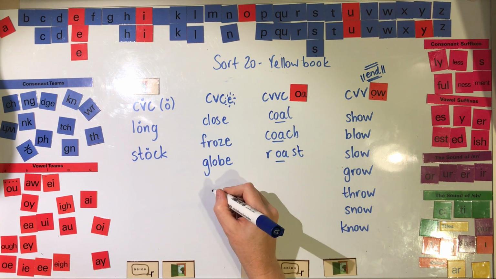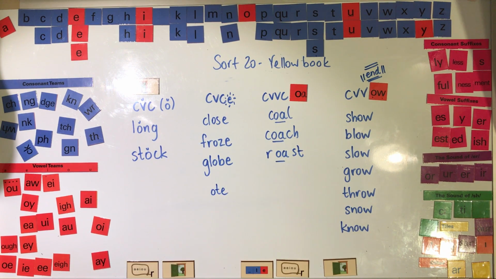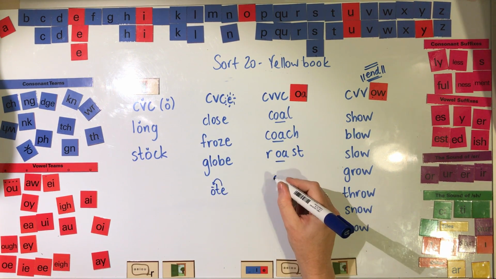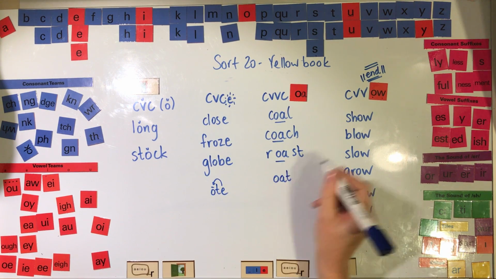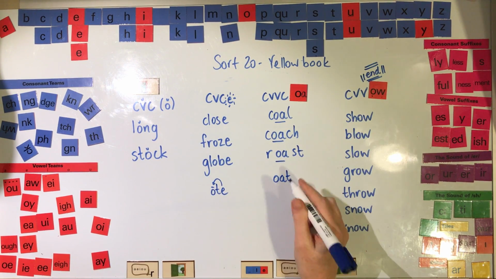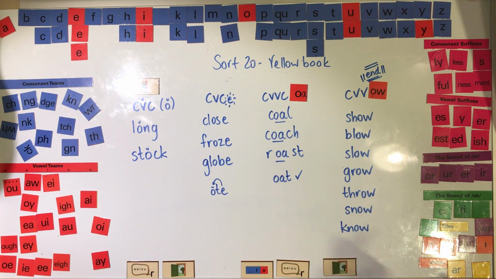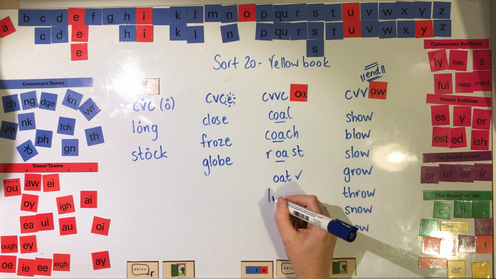Okay, what about the word oat? It could be oat, using my magic key, or it could be oat. I know it's not O because that only goes at the end of the word. Which one's right, oat or oat? Hopefully you can see that one's right. Okay, I've got loaf.